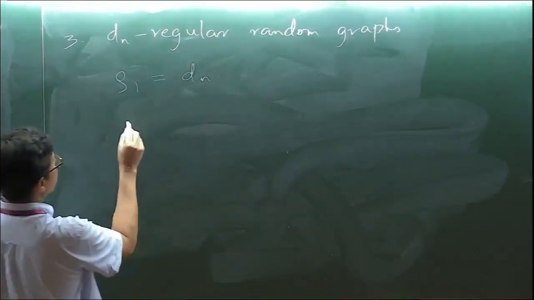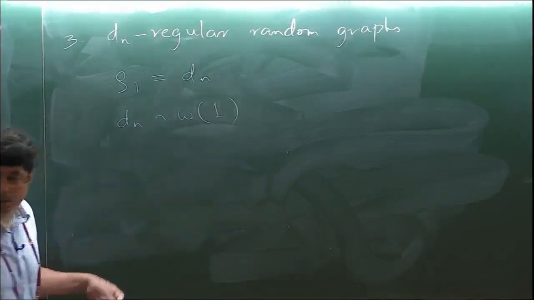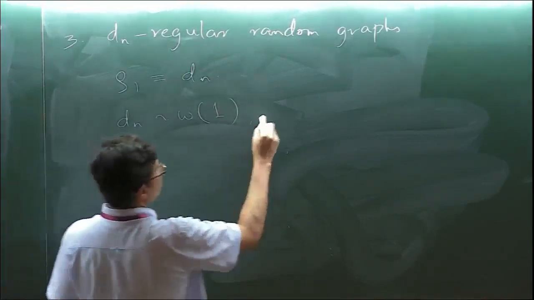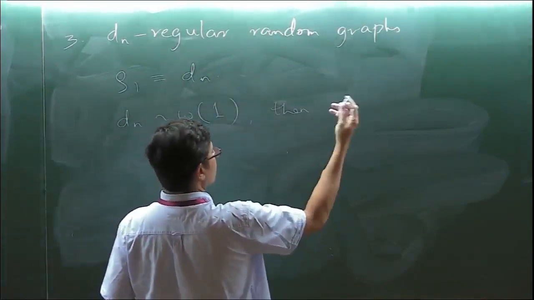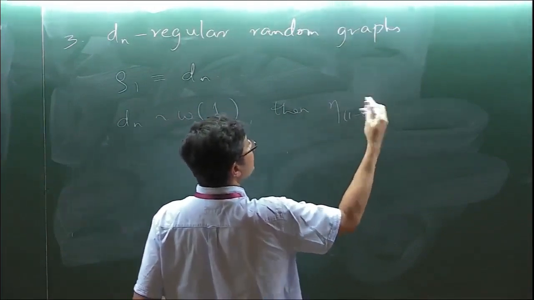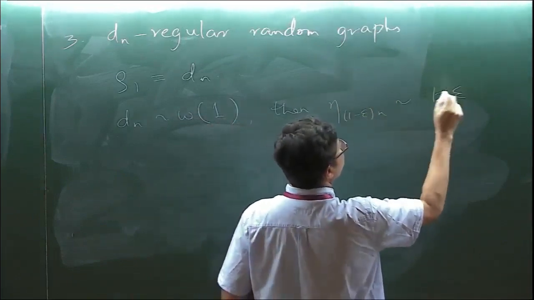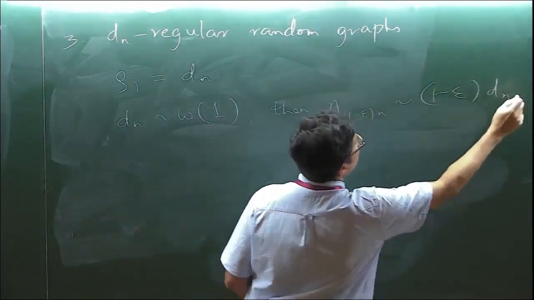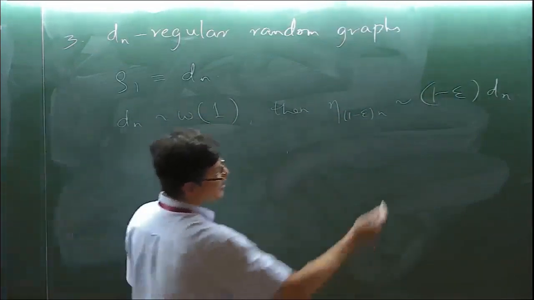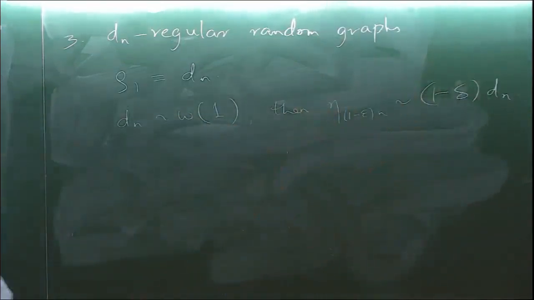And if we take d_n to be omega of 1, growing to infinity, then eta of (1 minus epsilon) n is also going to be roughly as big as this. Maybe there's a different delta than epsilon, but there's some other small constant, and it's close to d_n.